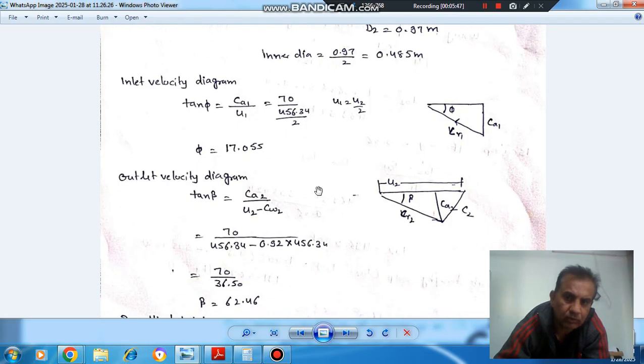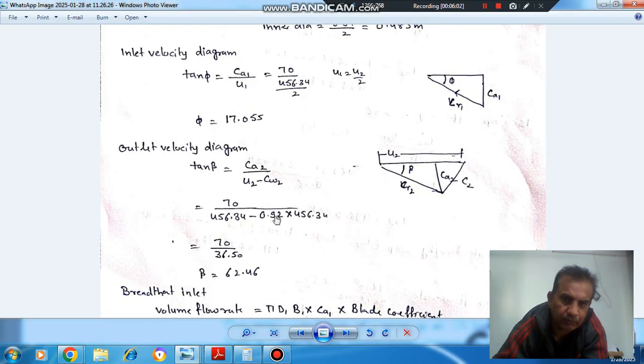Okay. Now this is your outlet velocity diagram. This is U2, this is CA2, this is CR2, and this is your CW2. This angle can also be calculated as tan beta equals CA2 by U2 minus CW2, and CW2 is slip factor into blade velocity, with the blade speed given at outlet.